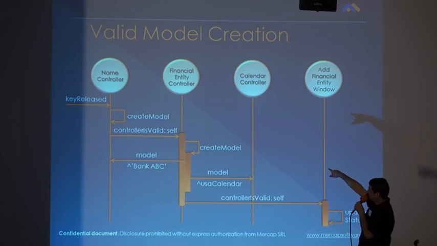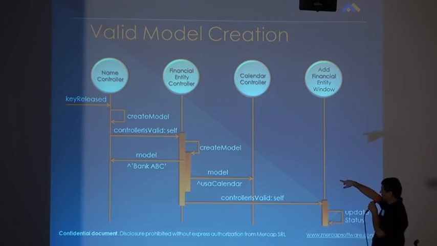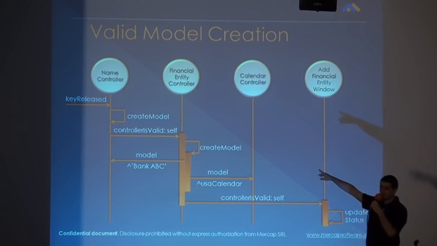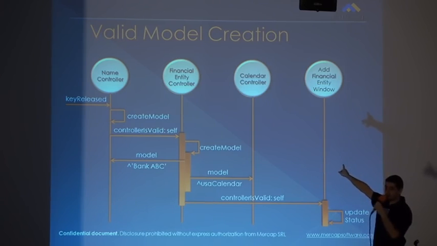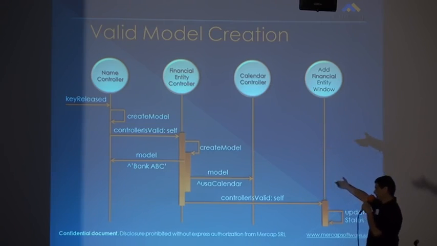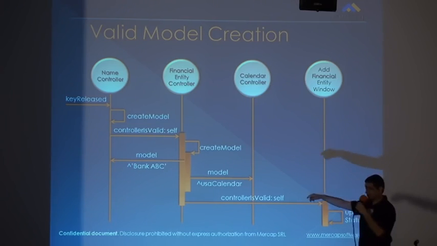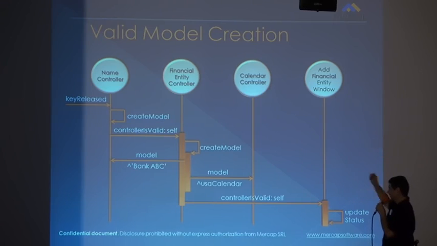The parent of the name controller is the financial entity controller, and when the financial entity controller receives this message, it tries to create its model. To create this model, it needs the models of both of its child controllers. So it asks for the model from the name controller, which returns the string, and the calendar controller returns the selected element, which will be USA calendar.